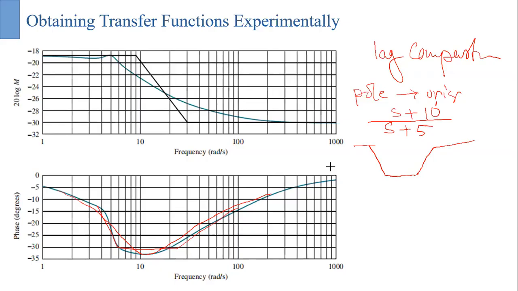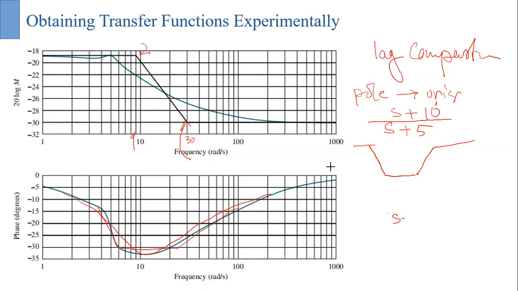Okay, and the line that we are figuring out here has two break frequencies, one break frequency here and the other break frequency here. One break frequency is actually 9 and the other is actually 30. So basically what you can see is that the pole has to be closer.